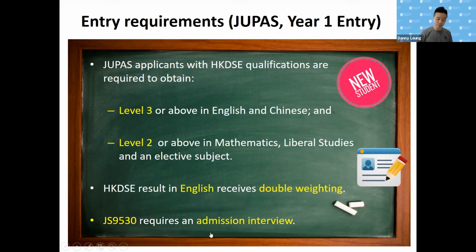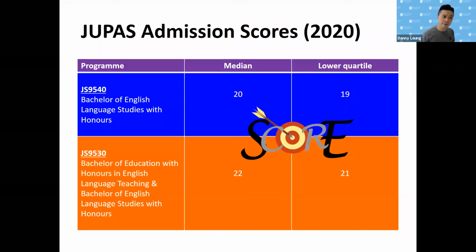All right. So some facts about the admission scores back in the 2020 admission year. So here we are, 19, 22, 21. Then you must say, it's a little bit too high, Danny. If you still remember, the English HKDSE result is doubled, and that's why the double weighting is factored in these calculations.